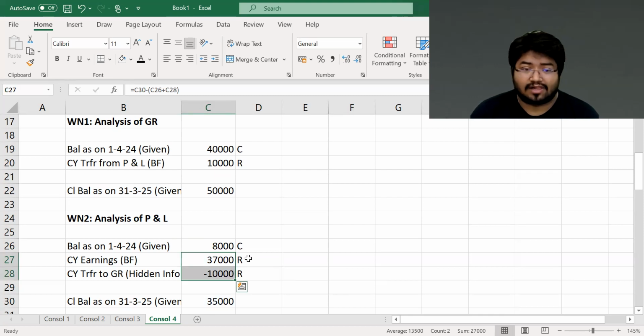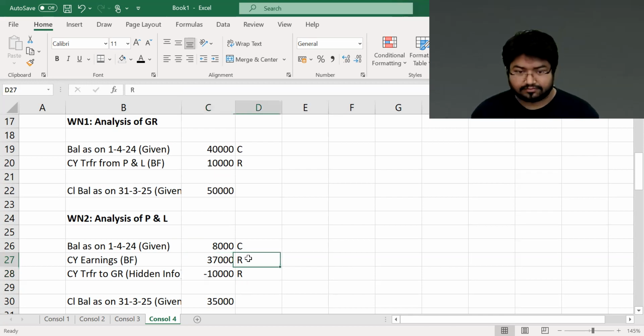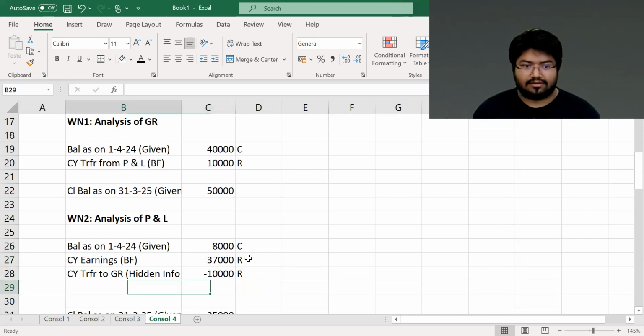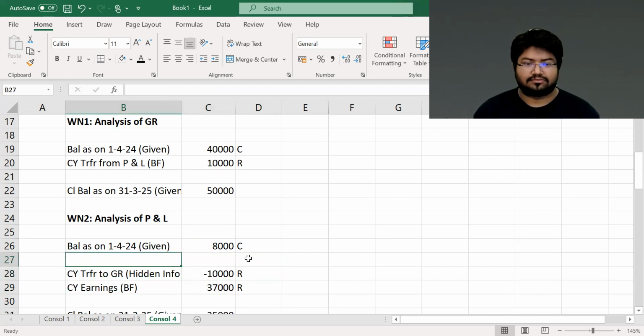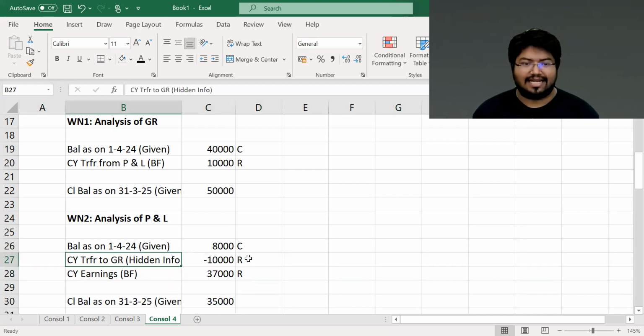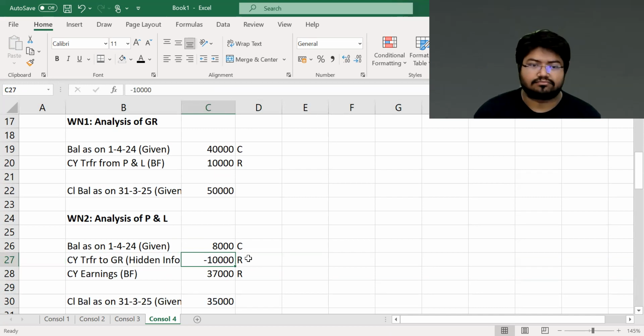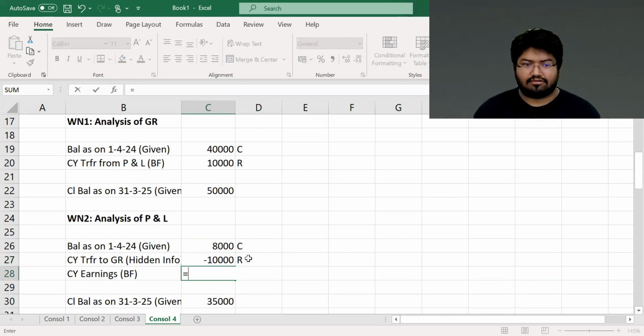You are not able to understand this 37,000. No problem. You do one thing. This 37,000, you put it here. All this readily available information you first take. This is the simple logic: it is equal to this minus sum of whatever information you already have.